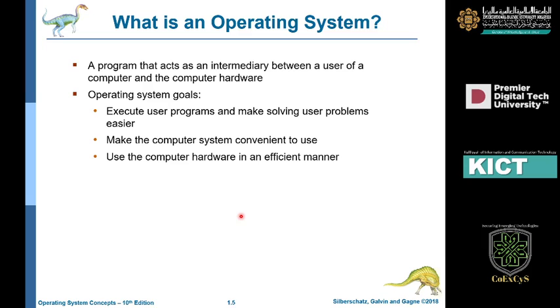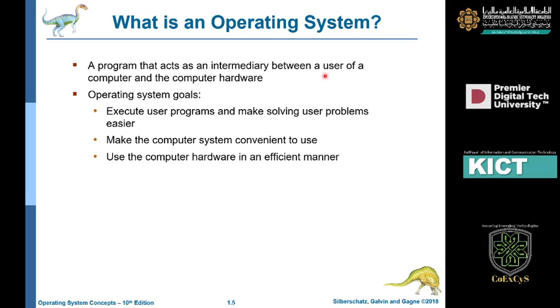So essentially, an operating system is a program that acts as an intermediary between the user of a computer and the computer hardware. So it sits in between, trying to help the user on using the computer hardware.